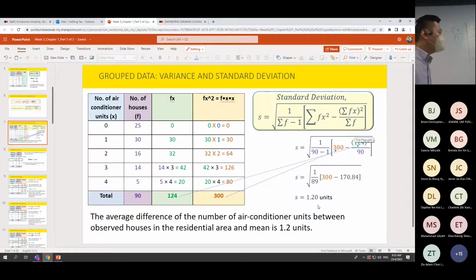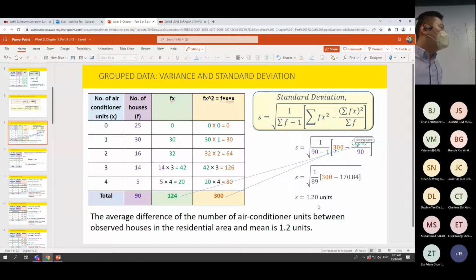So now, how to interpret the meaning of standard deviation. What is the meaning of 1.2? 1.2 is the average difference between the observed 90 households and the mean value.